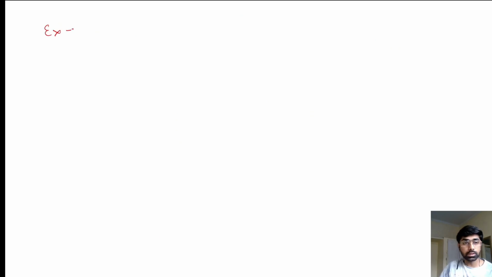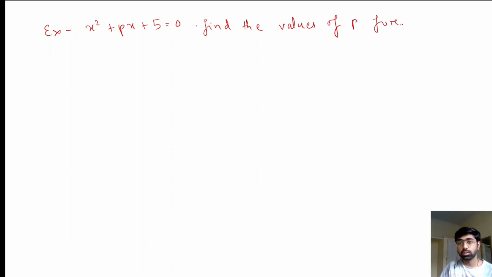Let's have an example like x square plus px plus 5 equals to 0 is some given equation, and we have to find the values of p for three different types of roots.